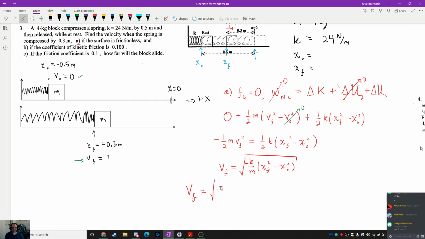So we'll have negative 24 divided by the mass, which is 4, times x final, which was negative 0.3, squared minus x initial. Close parenthesis, and then move the radical all the way to there.